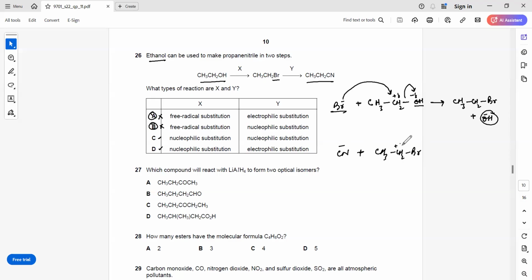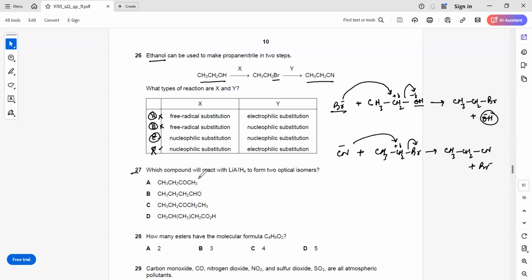It also attacks on partial positive carbon, and we get alkane nitriles, right? And Br negative. So which type of reaction? Again, it is nucleophilic substitution reaction. So both the reactions are nucleophilic substitution. Clear? So option C. Now let's see another one.